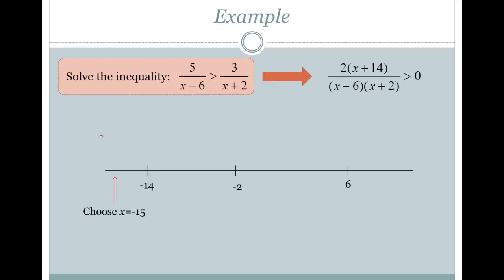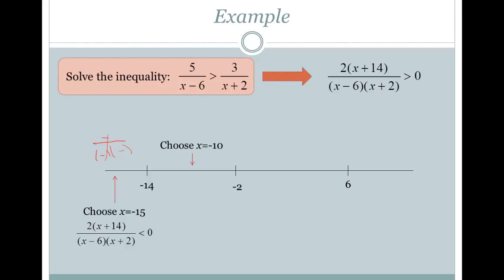On this interval, the numerator is going to be negative, because I'm going to have negative 15 plus 14, obviously negative 1. The first term on the bottom is going to be negative, and the second term on the bottom will be negative. So 2 of these negatives will cancel out, but I'll still have another one. So this is not going to be true here, because this is going to give me a negative value. This is less than 0, so this isn't going to be part of our solution set.